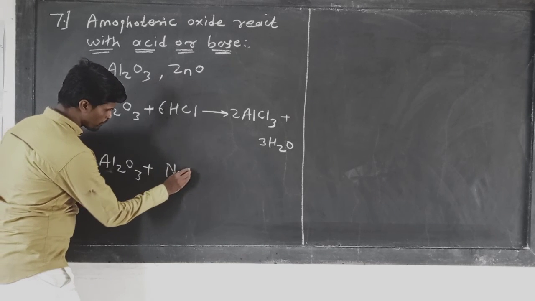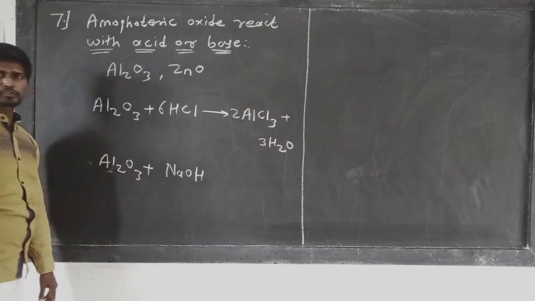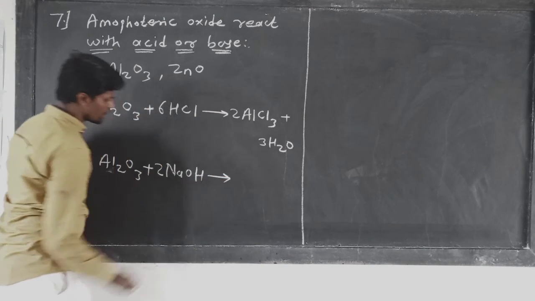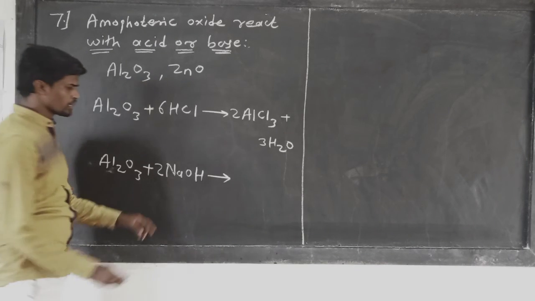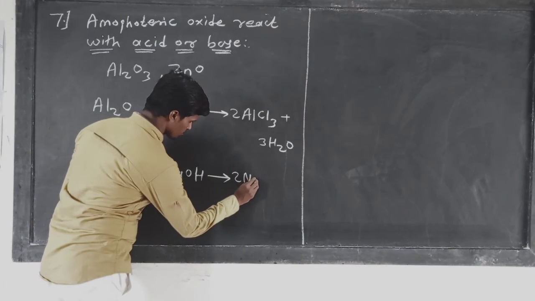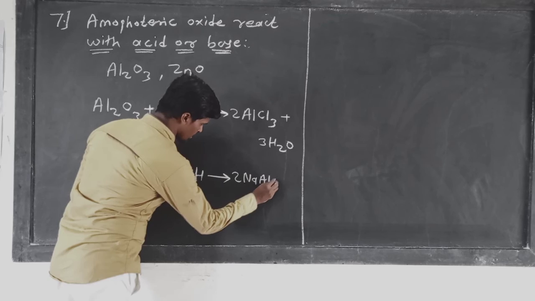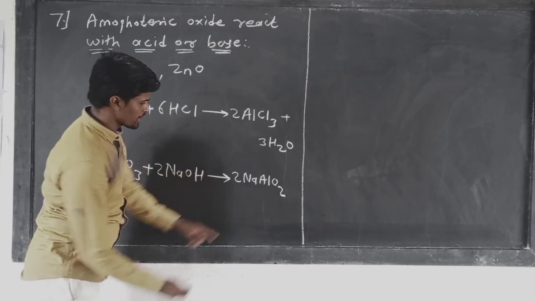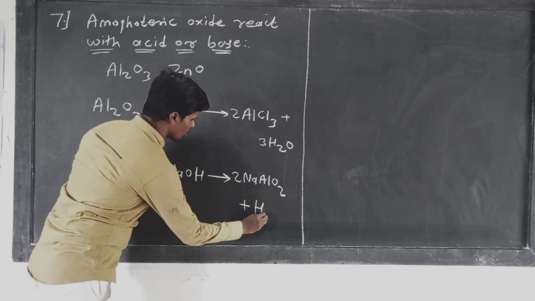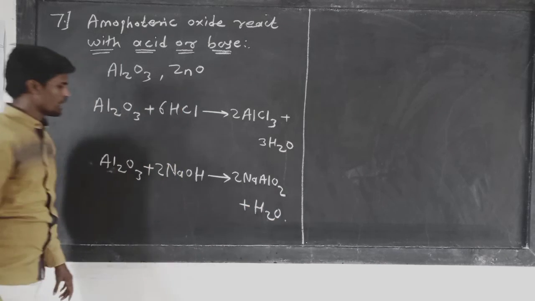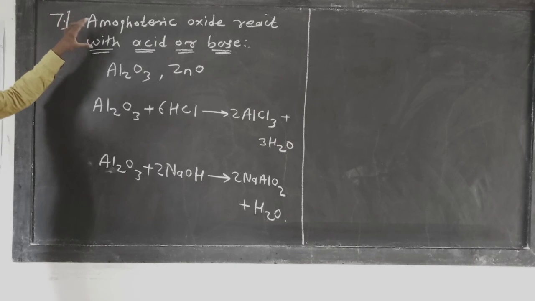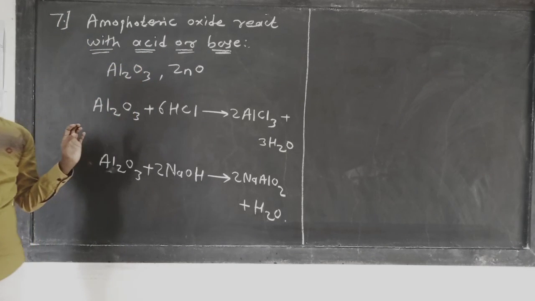The example of base is NaOH, sodium hydroxide, 2 molecules of NaOH, it gives 2NaAlO2, sodium aluminate, with byproduct water molecule. And these are the reactions of amphoteric oxide reacting with acid or base.